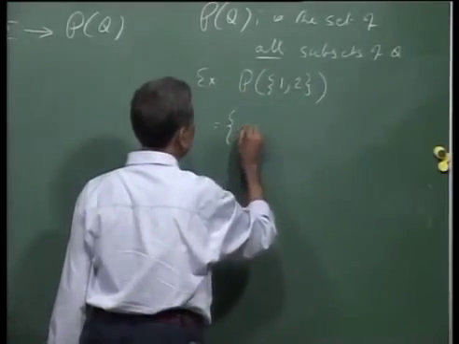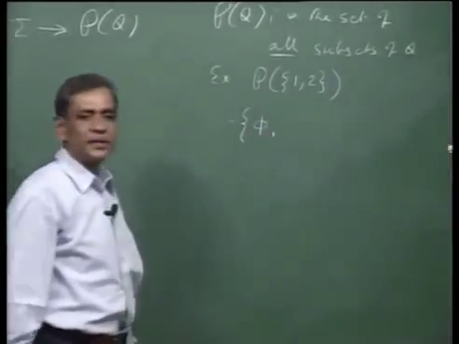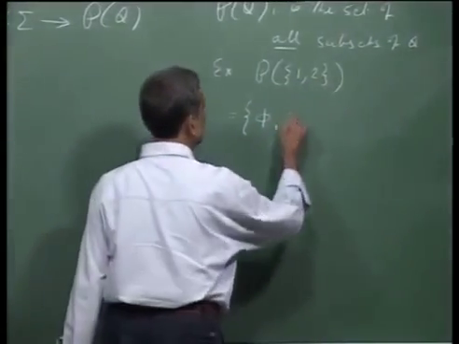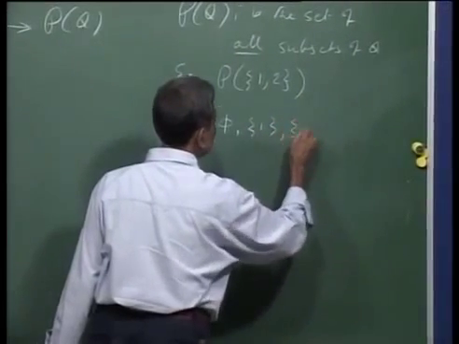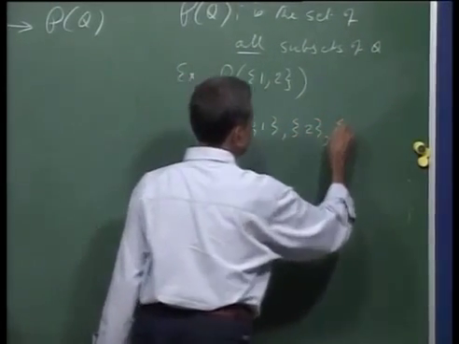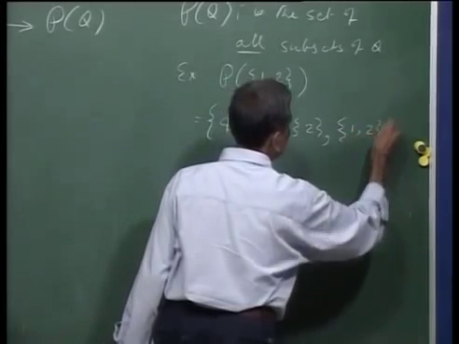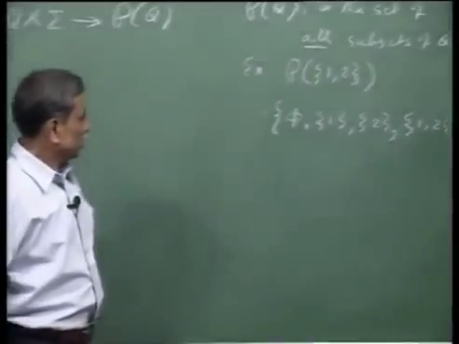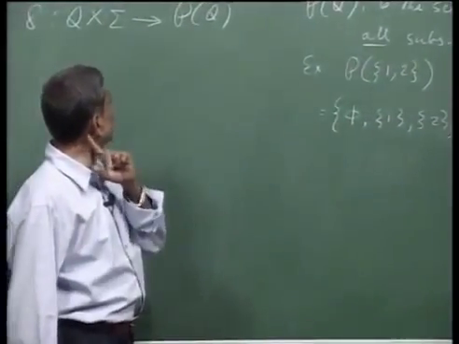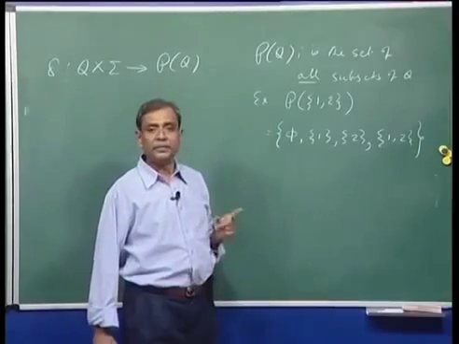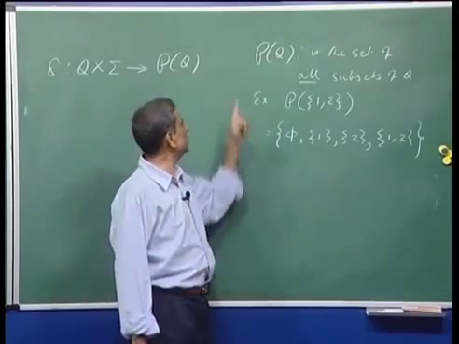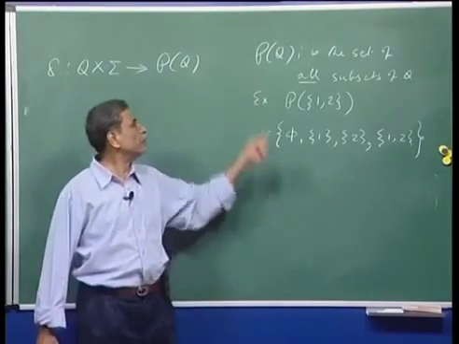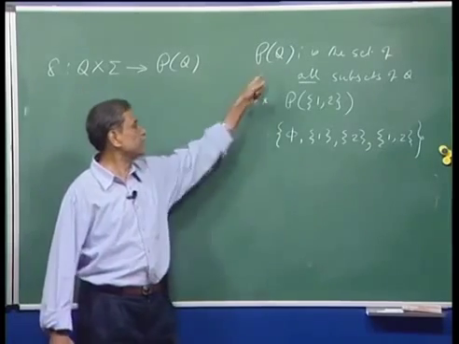So the empty set is a subset of this set {1, 2}, the singleton {1}, the singleton {2}, and the entire set itself. So, in general, if Q had n states, then power set of Q will have 2 to the power n elements, each of which is a subset of the set Q.